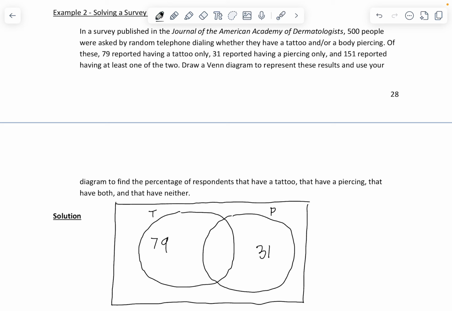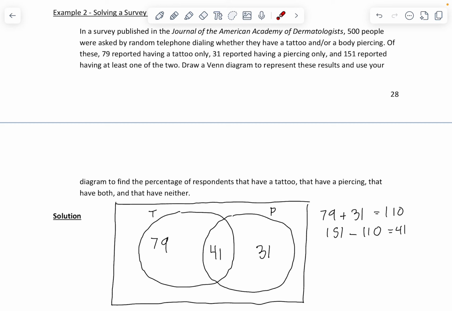I can take the 79 and add the 31, and that gives me 110. Then I can take 151 and subtract 110, and that gives me 41, and that means 41 has to go in this region right here, because these three numbers have to add up to equal 151 because of what's given in the problem.